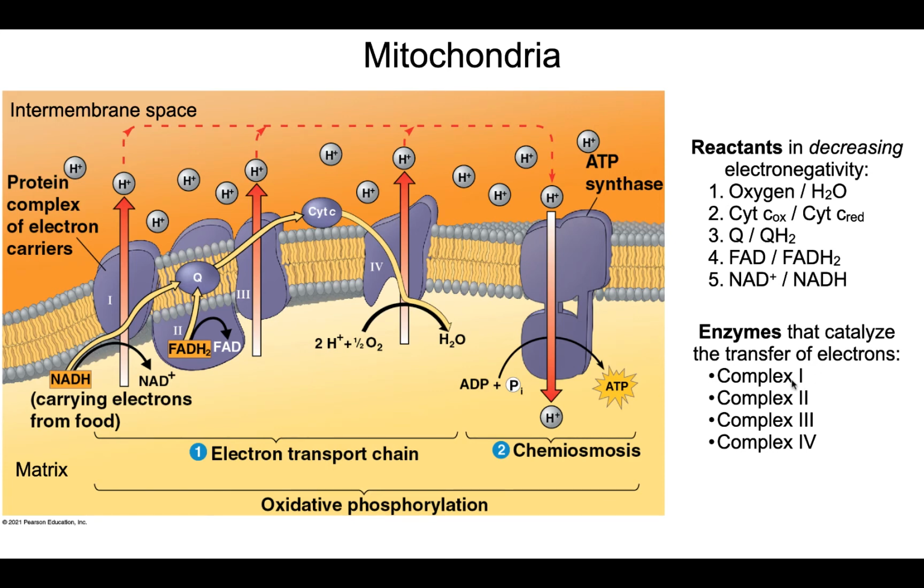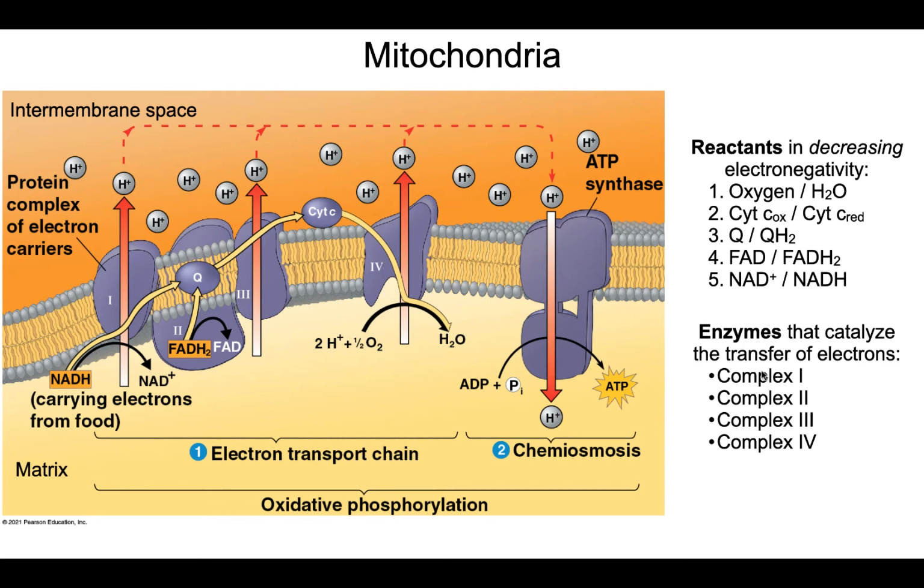Well, we have complex 1. That's right here. That's an enzyme embedded within the inner membrane of the mitochondria. We have complex 2. That's right here. We have complex 3. That's right here. And we have complex 4. That's right there.